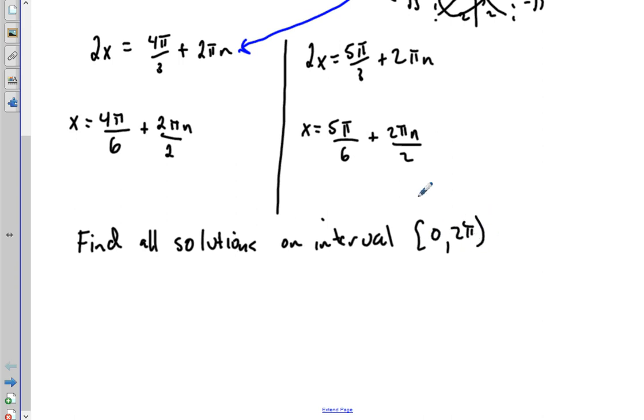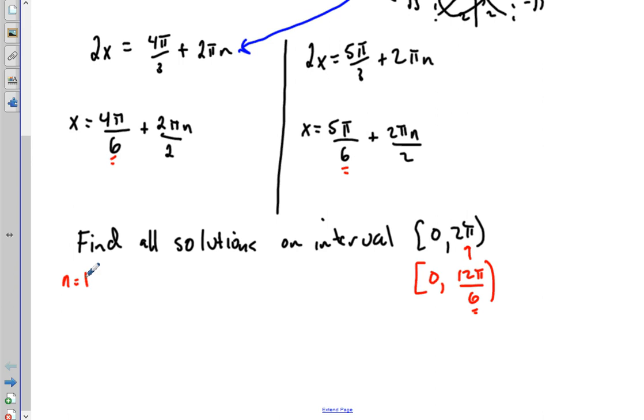If you think about this, this is our bottom, so 2 pi is going to be, let's use a multiple of 6, 12 pi over 6. And that actually equals 2 pi. I'm just going to make that so these are the same denominators. Okay, so now from here, we're going to find our additional values. What we can do is just say, when n equals 1, what are our different values going to equal?